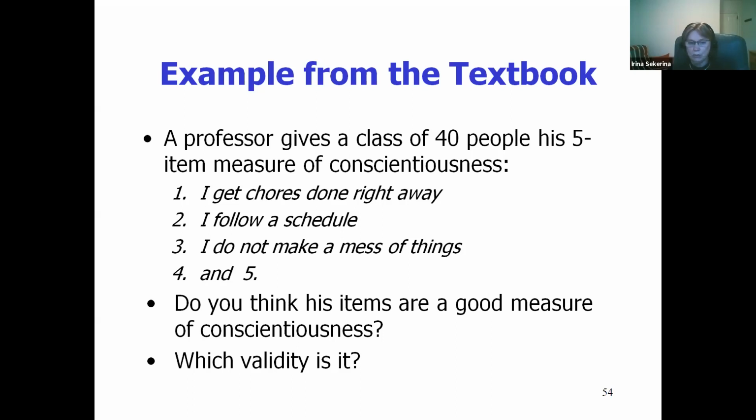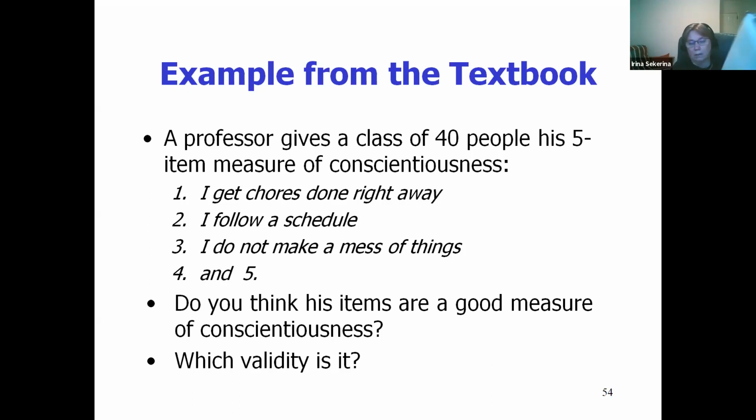So now my question to you, not just to you, of course, Jeremiah, but to everybody: which validity is it if it's a good measure of conscientiousness? Now, think back to the figure. Where is it? 136.